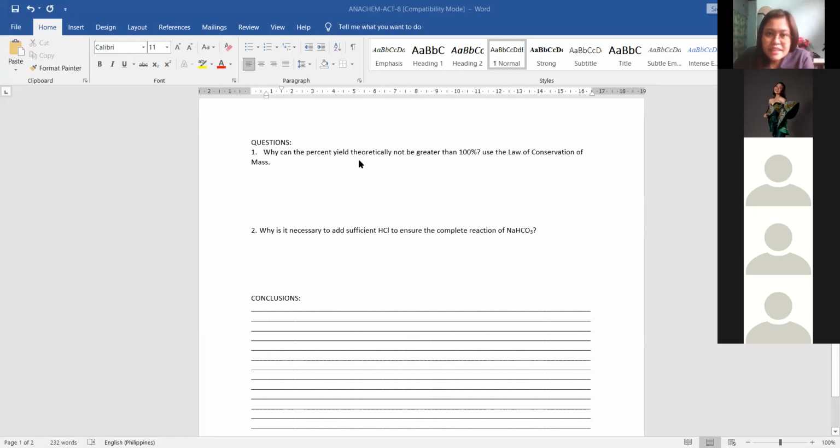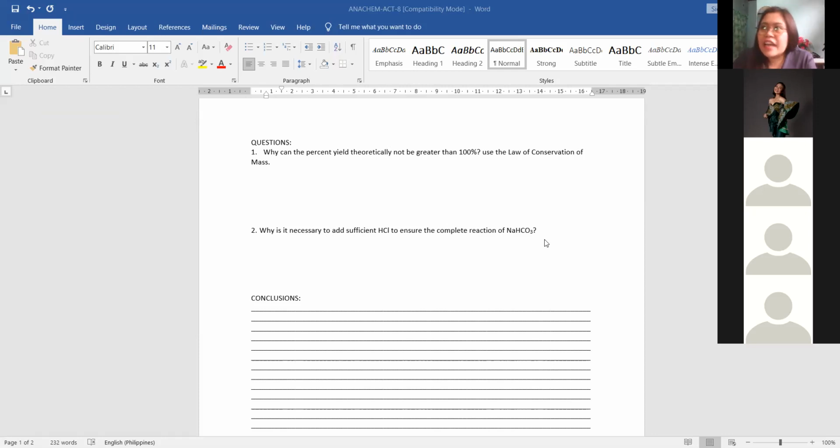Why can the percentage yield theoretically not be greater than 100%? So why can't our percentage yield be greater than 100%? Use the law of conservation of mass. You read about this law, on why the percentage yield cannot be greater than 100%. And then, why is it necessary to add sufficient hydrochloric acid to ensure the complete reaction with the sodium bicarb?